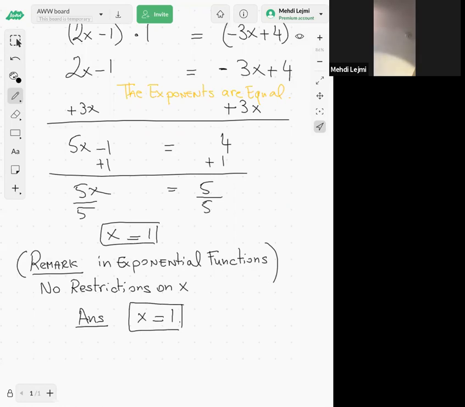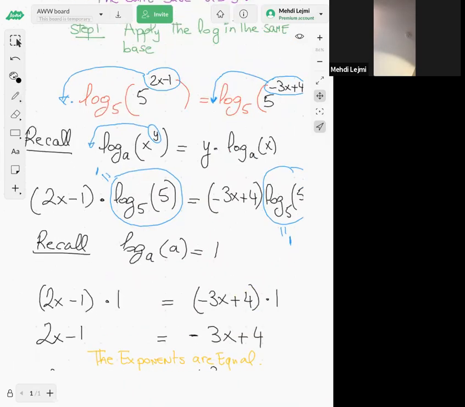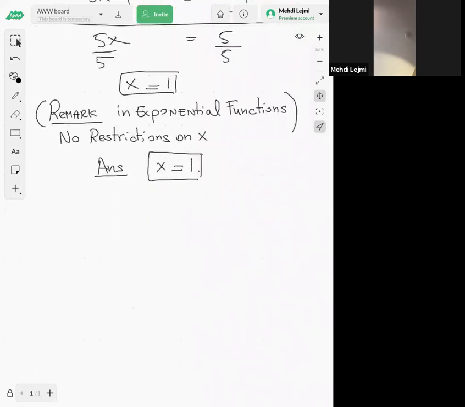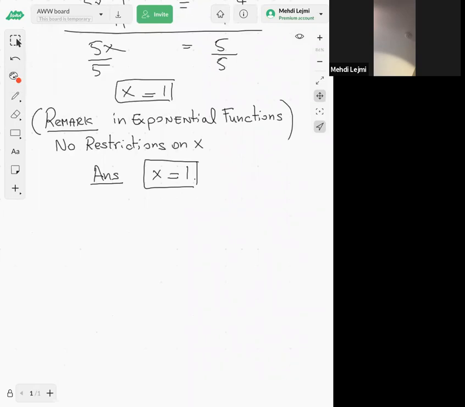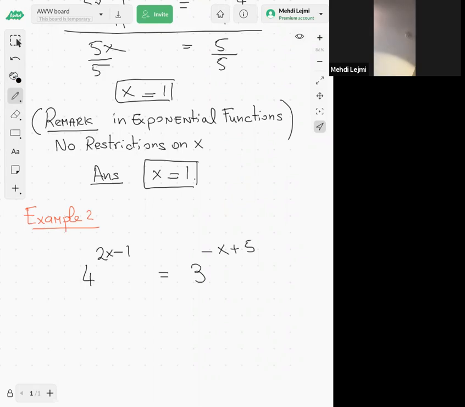All right, so this is an example where we do have the same base. Now, how do we solve an exponential equation when we have different bases? This is my example number 2. Let's say we have 4 to the power 2x minus 1 equals 3 to the power minus x plus 5.